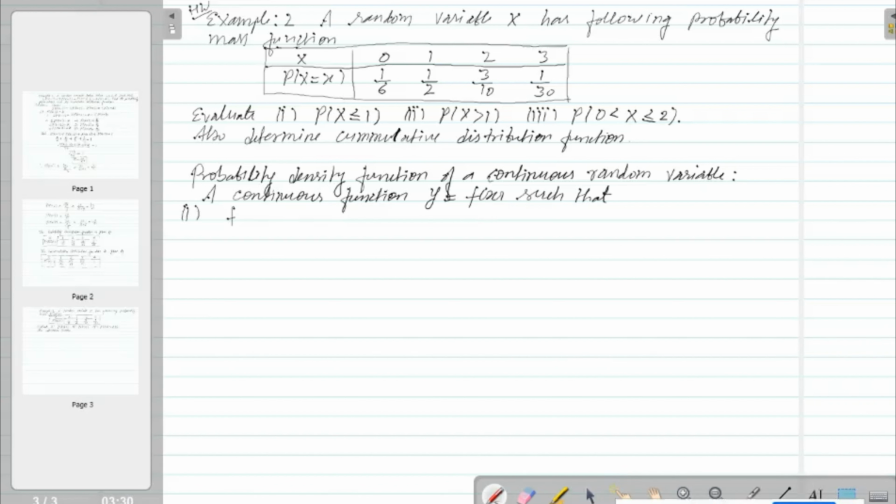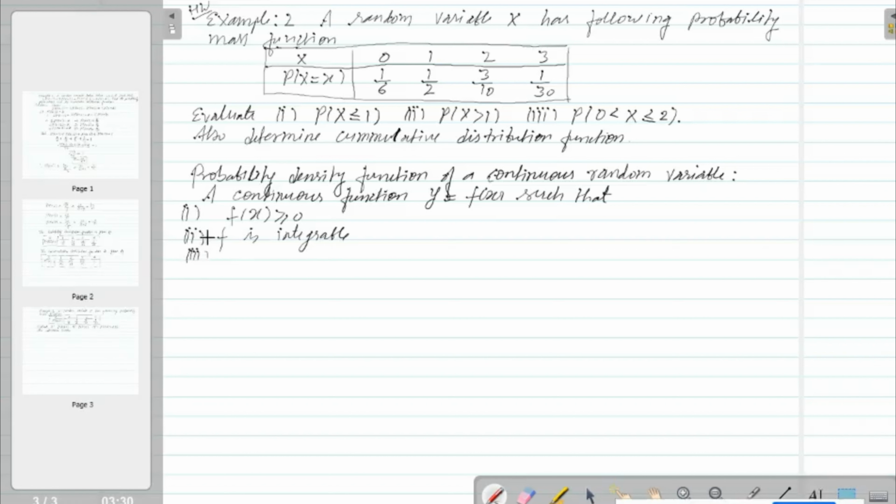First, f of x should be non-negative. Second, f is integrable. Integrable means we can compute its integration.